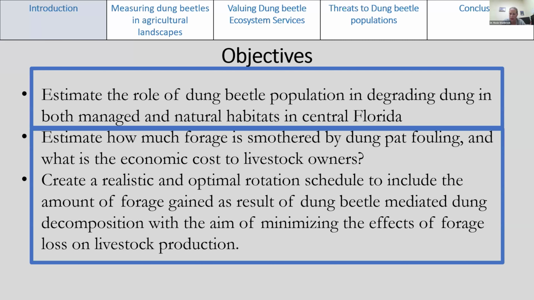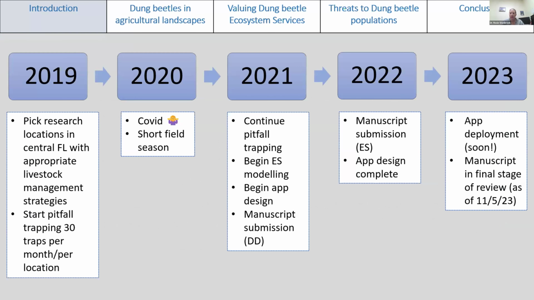here in Central Florida. So this project spanned really from early 2019 all the way up to the end of 2023, with a shortened field season in 2020 because of COVID. So in 2019, we began to pick research locations in Central Florida with appropriate livestock management strategies which we could use to survey both dung fouling and dung beetles.